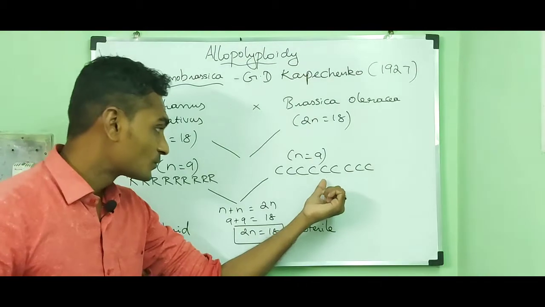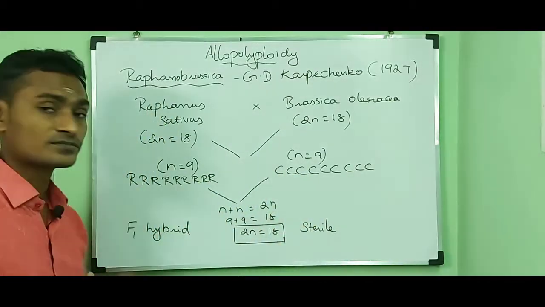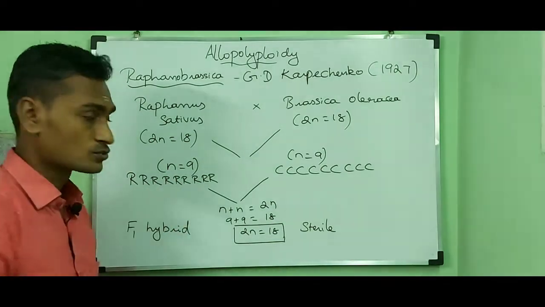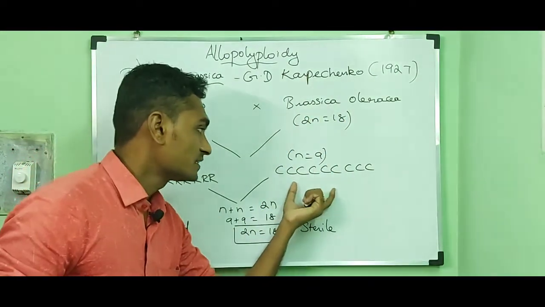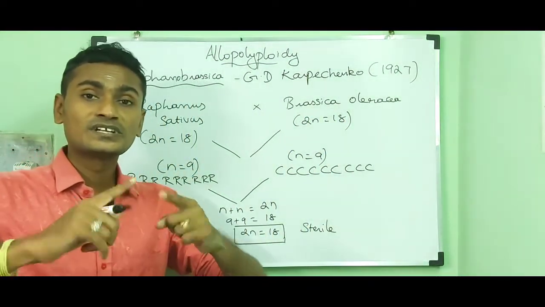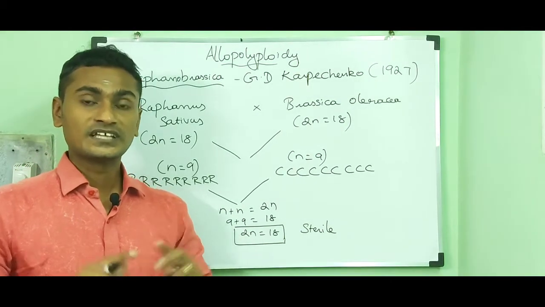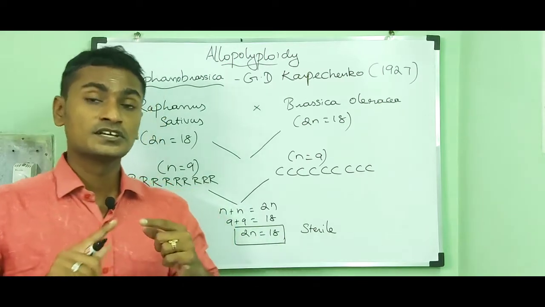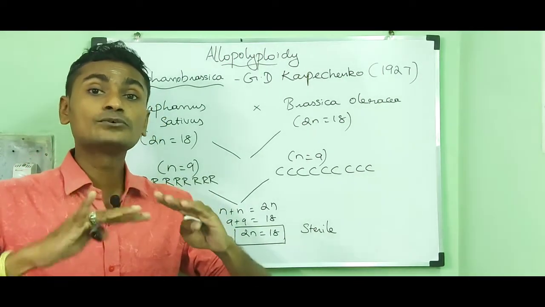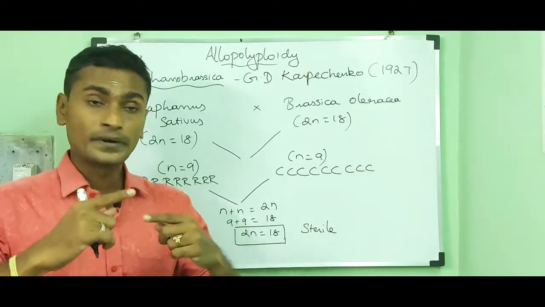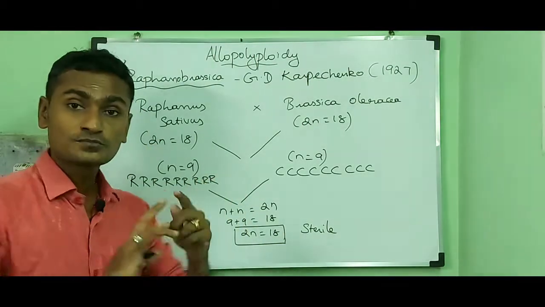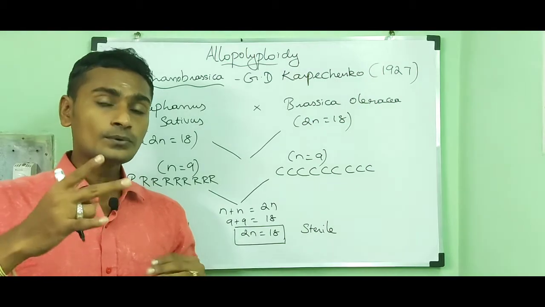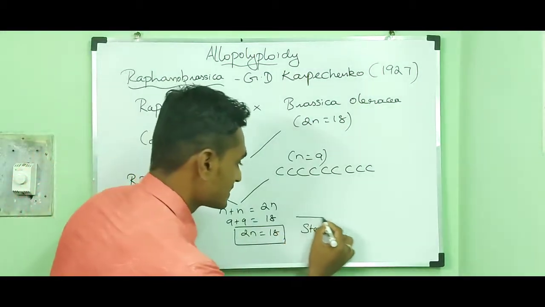Raphanus sativus contains R chromosomes and Brassica oleracea contains C chromosomes, and they are totally different. That is why they are sterile in nature: during meiosis they fail to pair, because the two sets of chromosomes are different in nature.